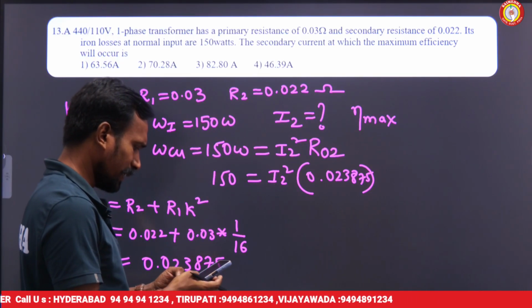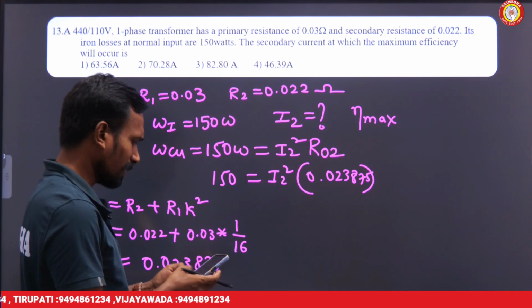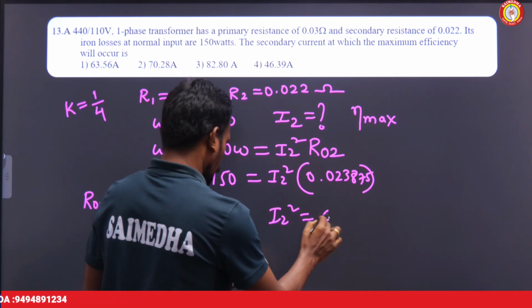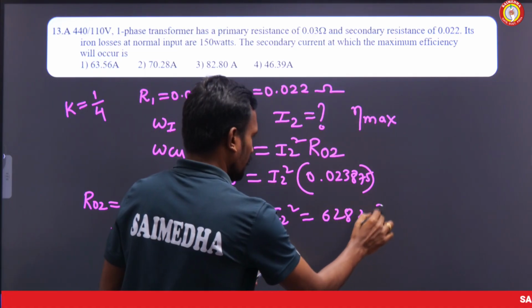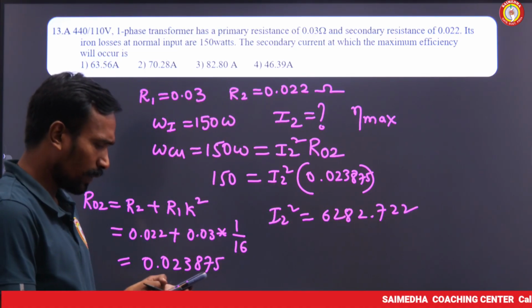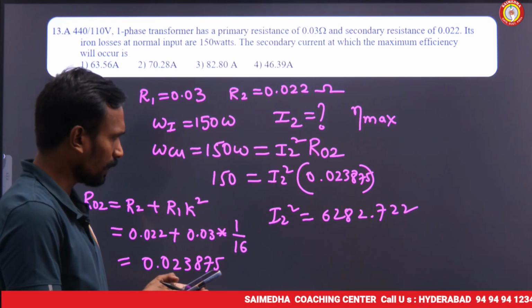Now 150 divided by 0.023875 is the value of I2 square, which is 6282.722. What is the root of 6282.722?